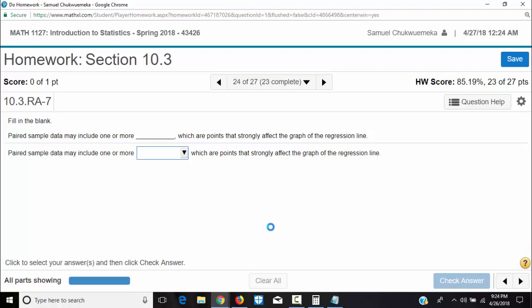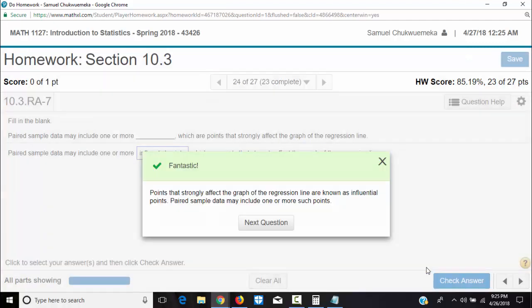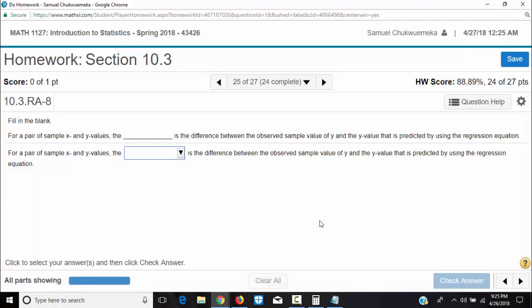Question 24. Paired sample data may include one or more dash, which are points that strongly affect the graph of the regression line. That should be influential points. Question 25.